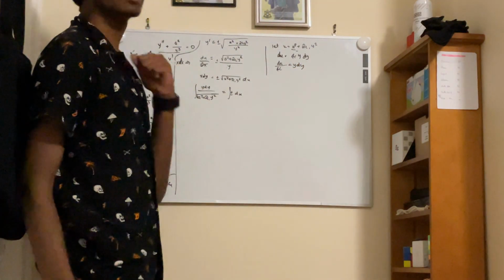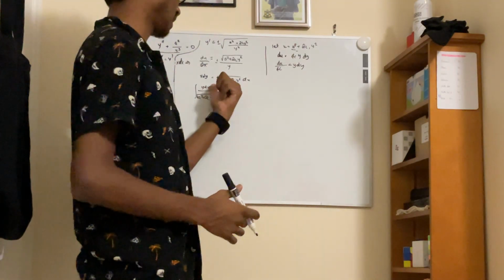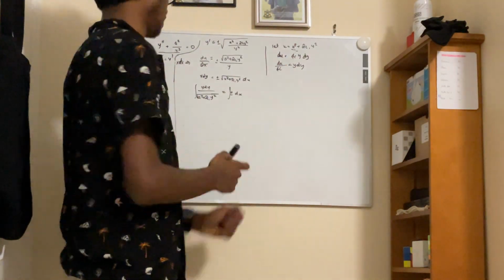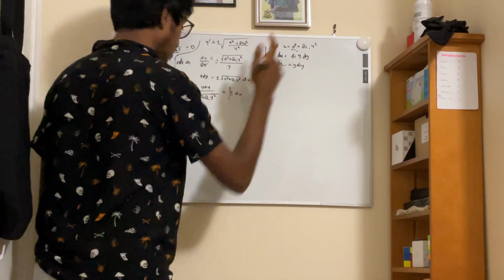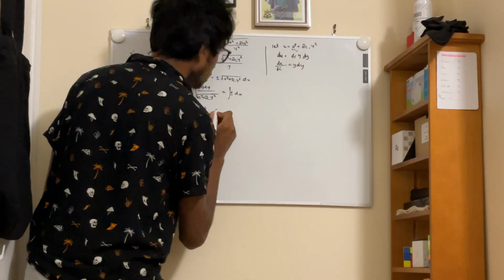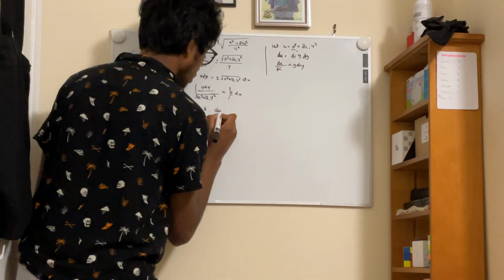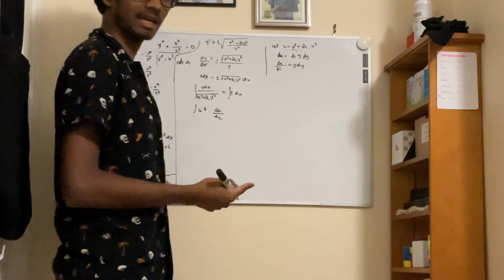Why are we adding this? Well, not a big change, but this just makes it obvious. There's a y dy on the top, we can replace that with the du. So then when we get over to integrating, that will just become u to the negative half into this. Easy. And then what's u to the negative half?